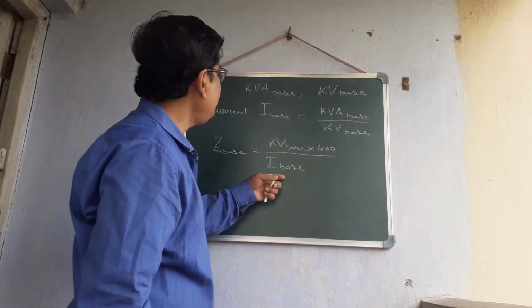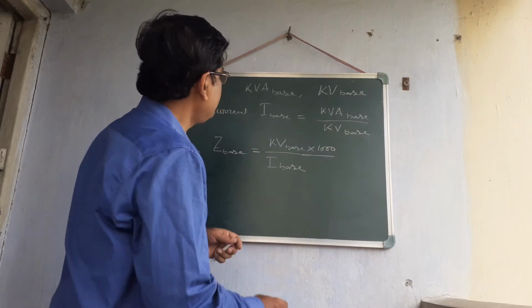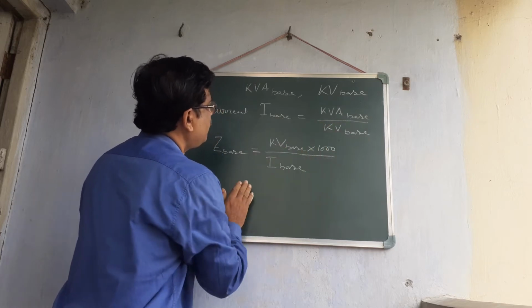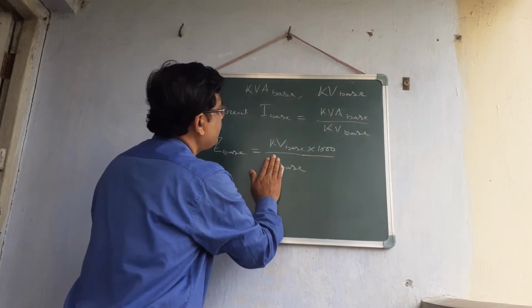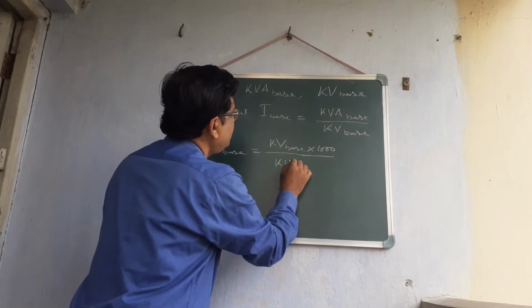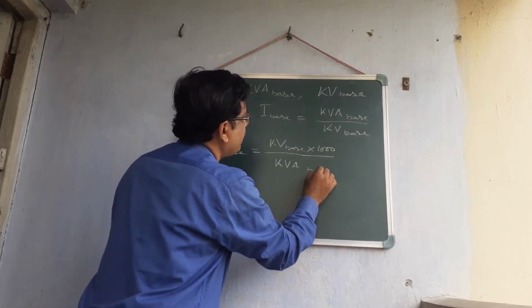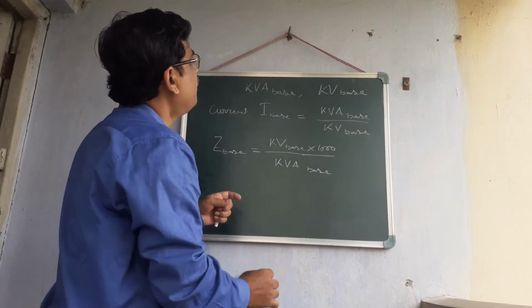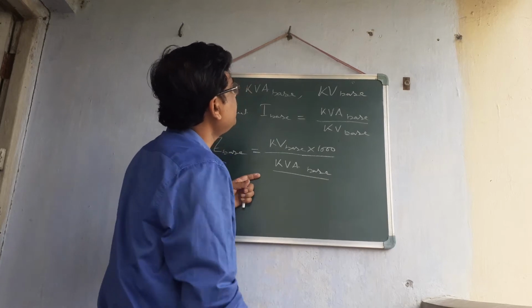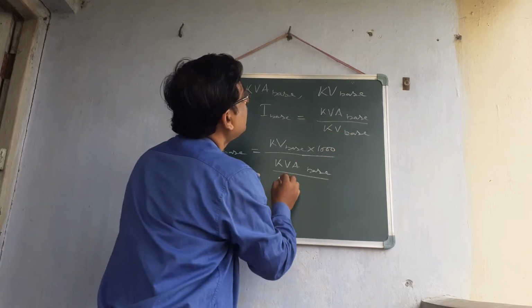Now I base is like that, so replace I base through this: KVA base by KV base.